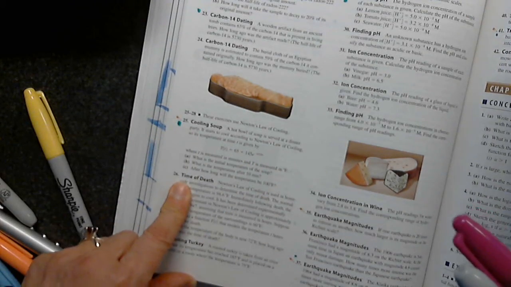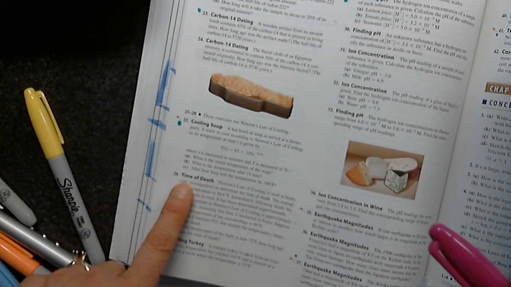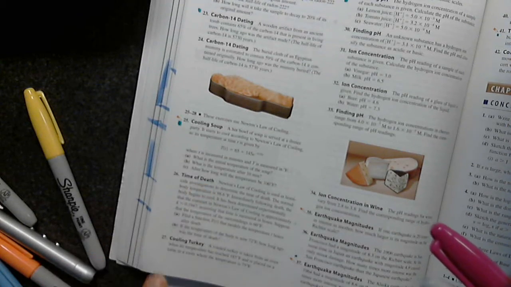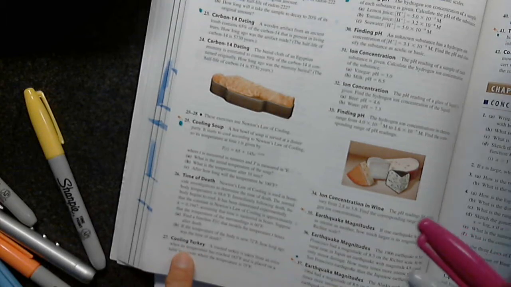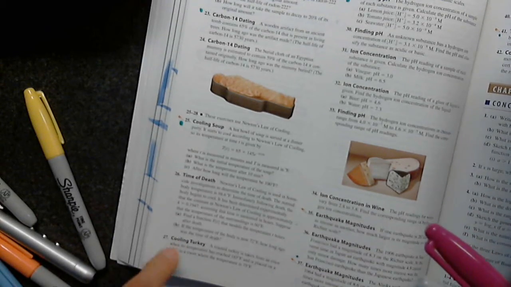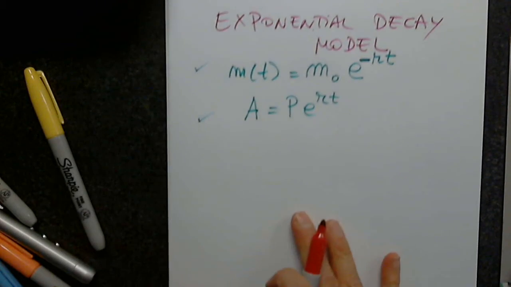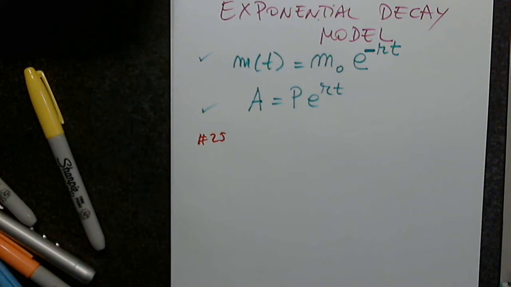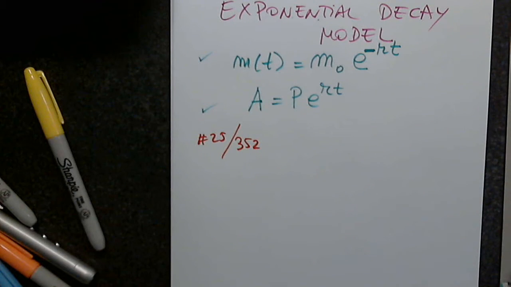If you remember, I said Newton's law of cooling is used for finding the time of death for someone who died. And cooling a turkey, if you remember, we talked about that. I said this is one of the typical examples with log and exponential, and so on and so forth. So let's start with the cooling of the soup. Just a simple warm-up problem, 25 on 352. And then we'll look at those models.